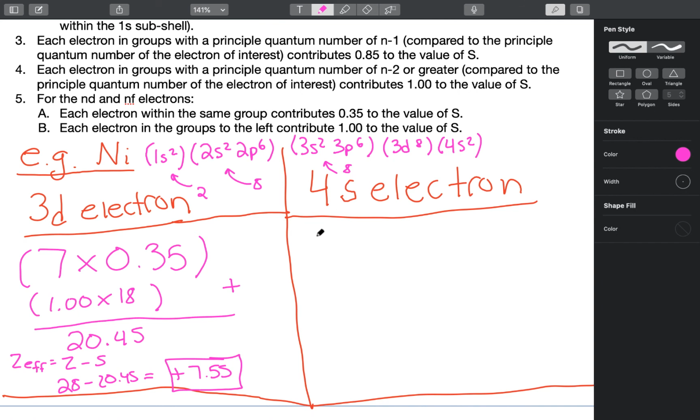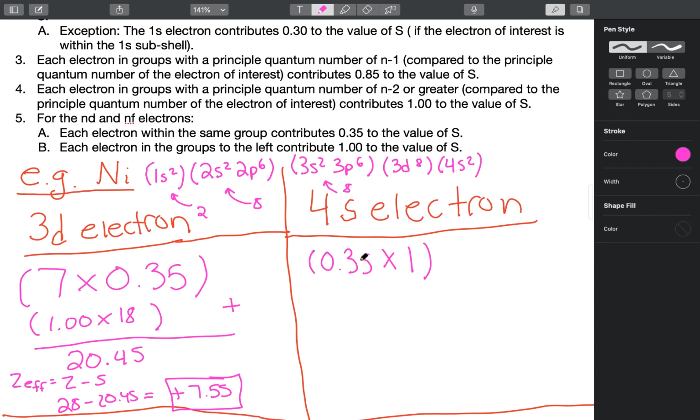So we take 0.35 times 1, because once again, our electron of interest is within this group, and there's only one other electron within that group. So 0.35 times 1.